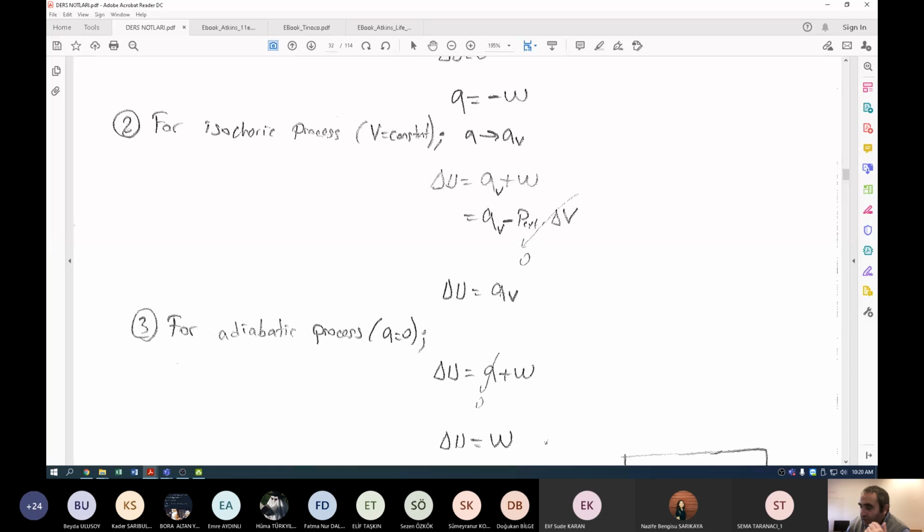So instead of having constant volume, which is not really common, because constant volume means the pressure can change a lot. This is not very common in real life.